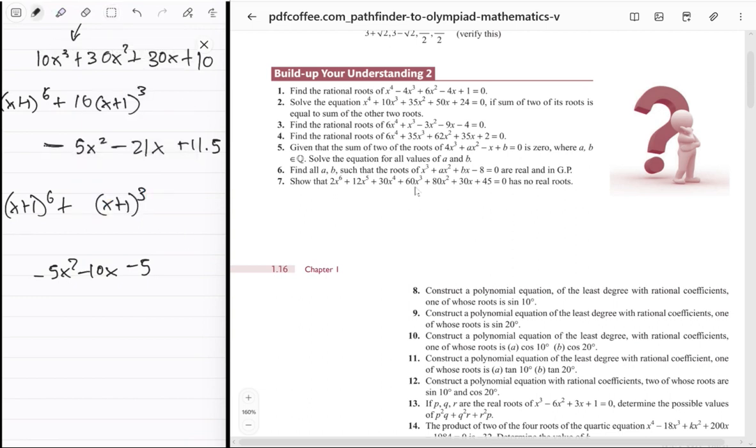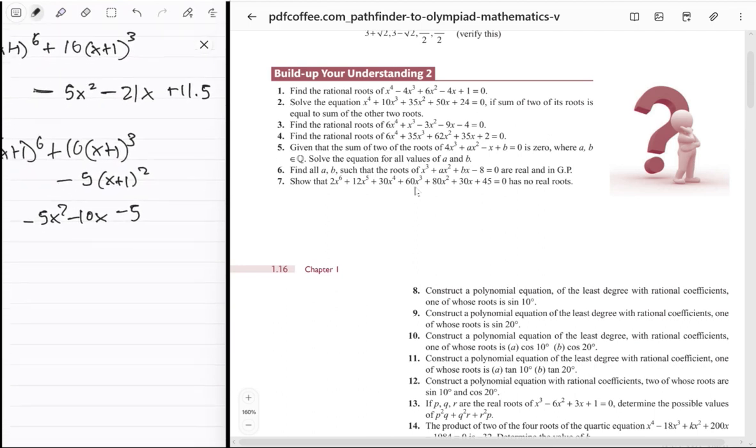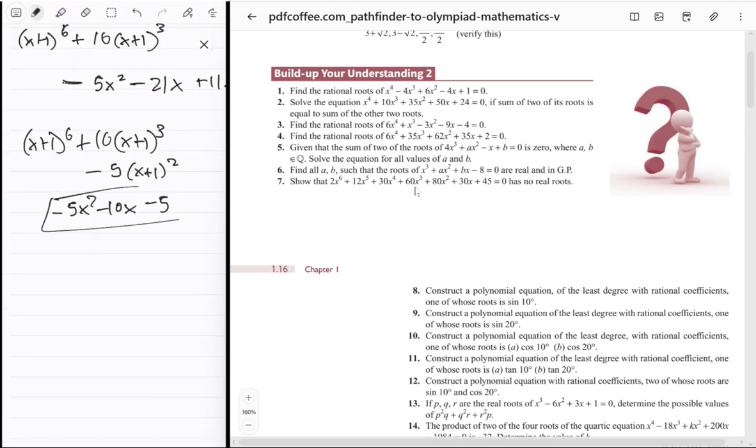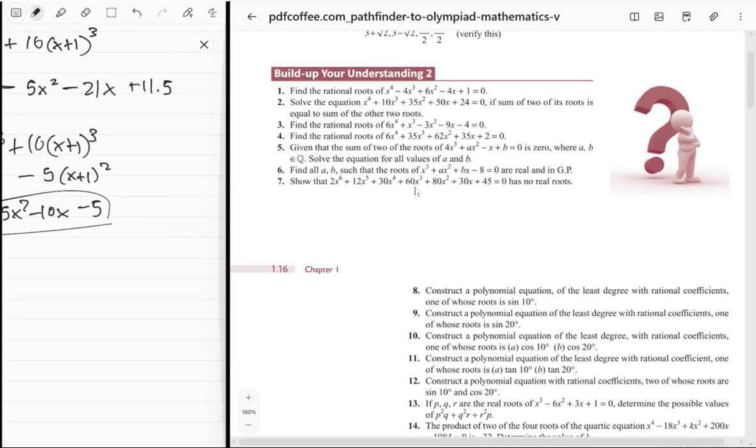Then you've got minus 5 (x plus 1) squared. But for that you need this thing, so the other stuff should go somewhere. Just box that, and don't forget it's not part of that. You have minus 11x and minus 5 supposed to be there, so you get plus 16.5.